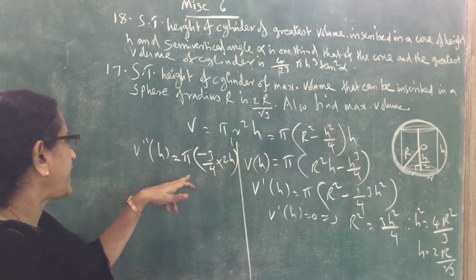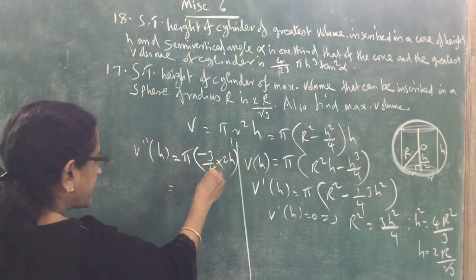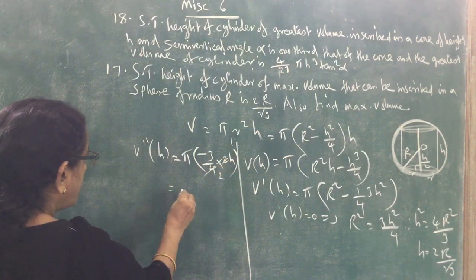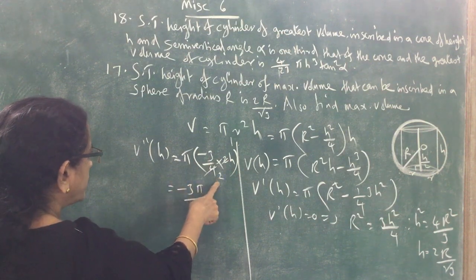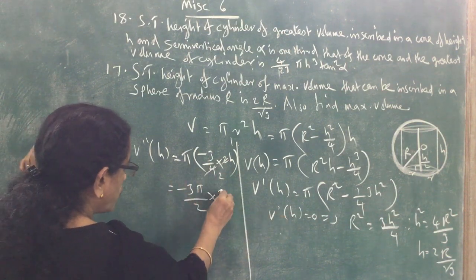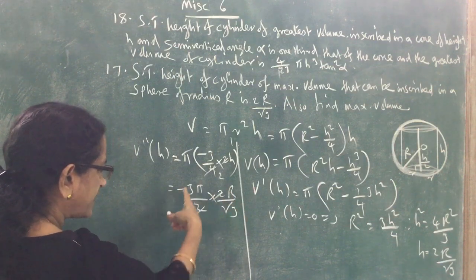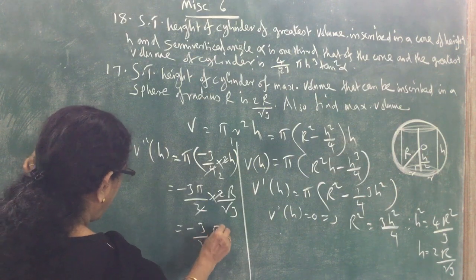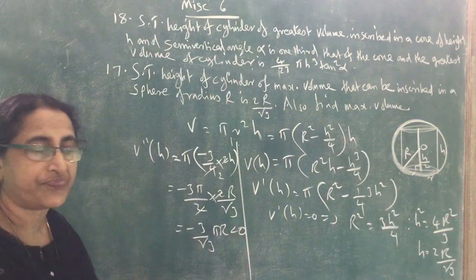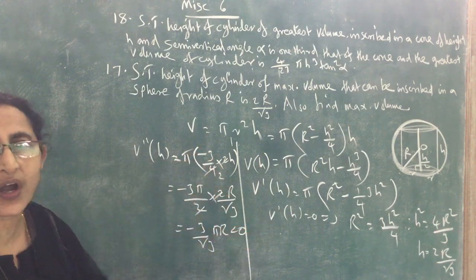Now we simplify and substitute h equals 2R by root 3. We get minus 3 by root 3 pi R, which is less than 0, negative. So we proved that the volume is maximum when h equals 2R by root 3.